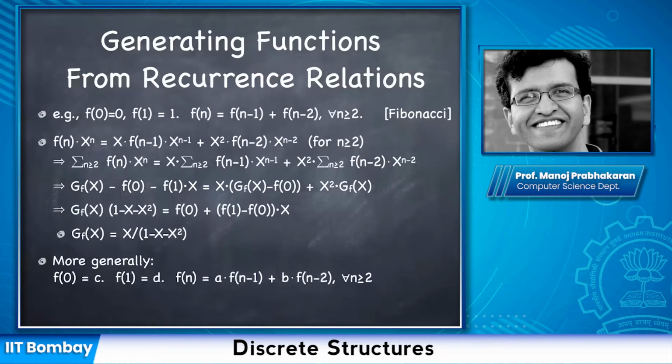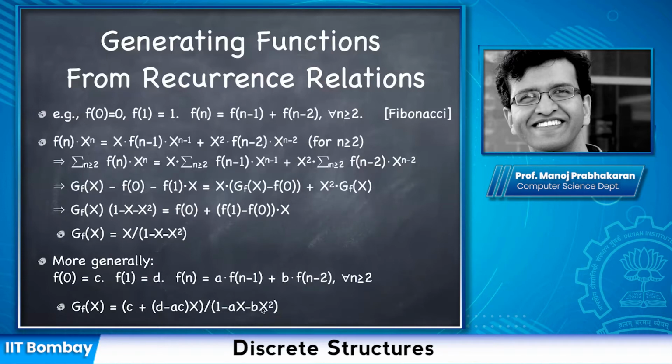More generally, if you had, instead of 0, 1, if you had some numbers c, d, and instead of this combination being 1 times fn minus 1 plus 1 times fn minus 2, if you had some coefficients a, b, the same derivation goes through, and you would get gf of x as, so there will be something involving x and a constant term, divided by something instead of 1 minus x minus x squared, it will be 1 minus ax minus bx squared.